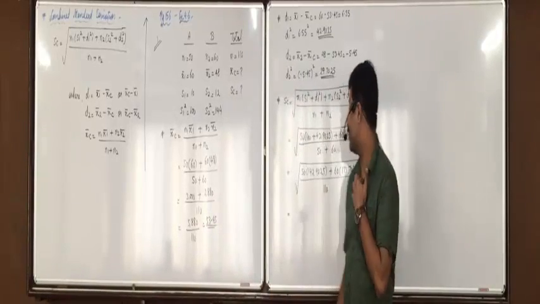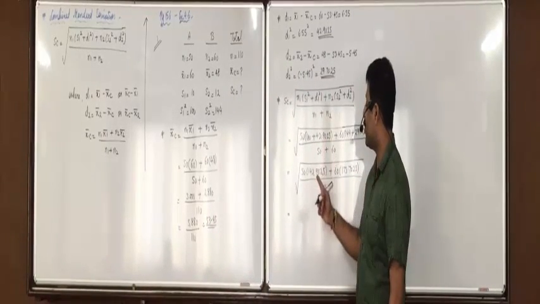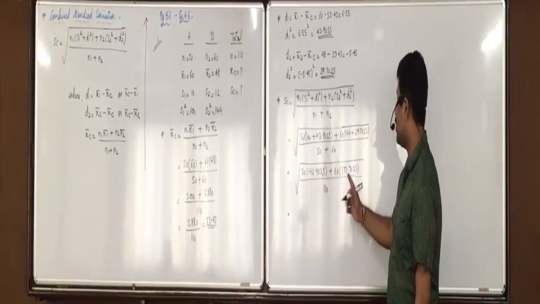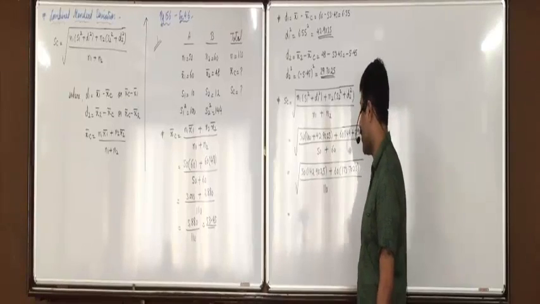Any confusions? 100 plus 42.9025, 142.9025, 144 plus 29.7025, 173.7025.